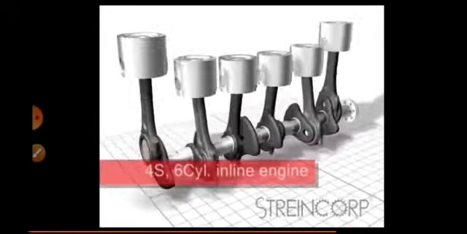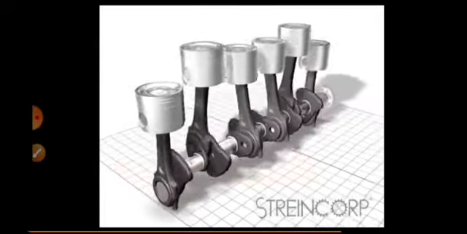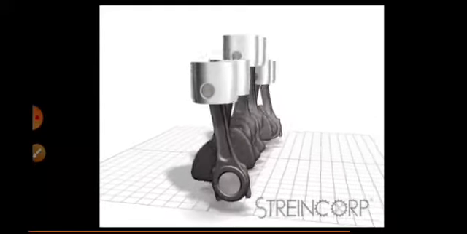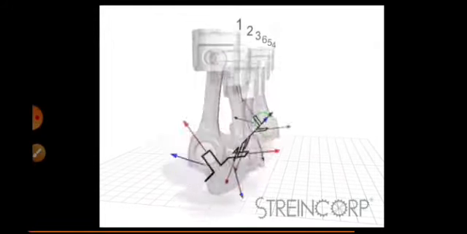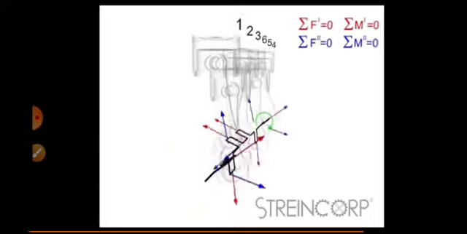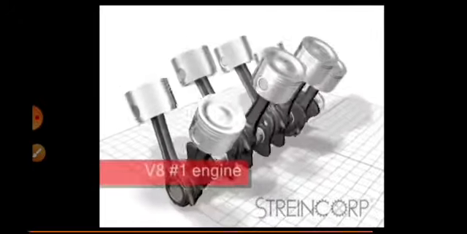This is a 4-stroke 6-cylinder inline engine. Normally it is used in buses, trucks and heavy goods vehicles. You can observe in these two color lines that all the forces and masses are equal.